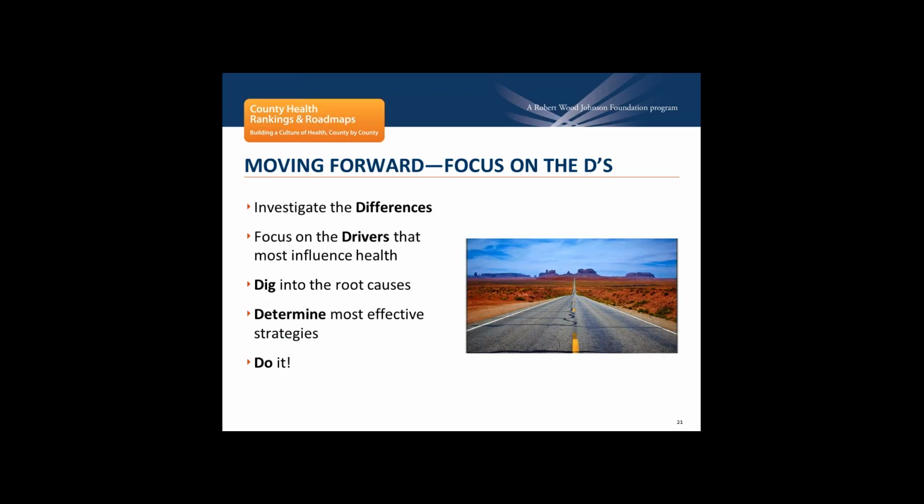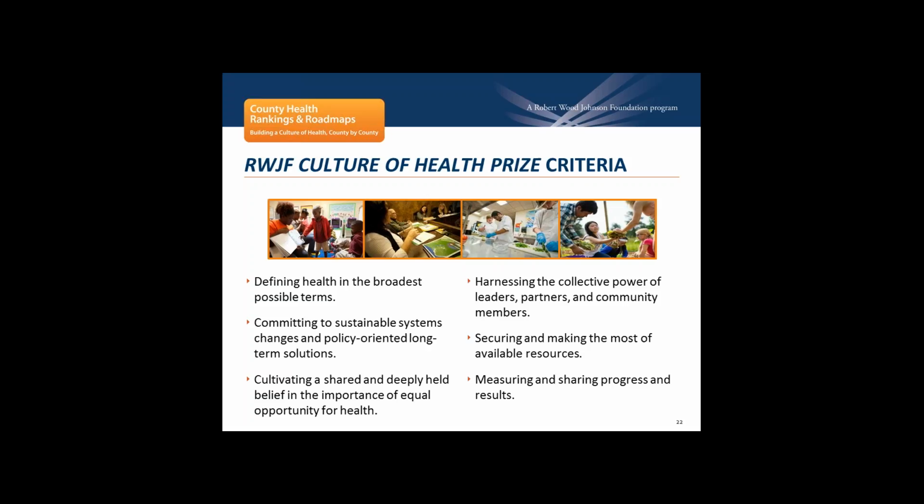Now, before we move to Q&A, we do want to take a bit of time here to introduce the RWJF Culture of Health Prize. The prize is a collaboration between the University of Wisconsin Population Health Institute and the Robert Wood Johnson Foundation, and it honors and elevates U.S. communities that are making great strides in their journey toward better health.